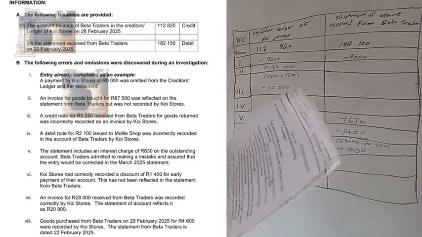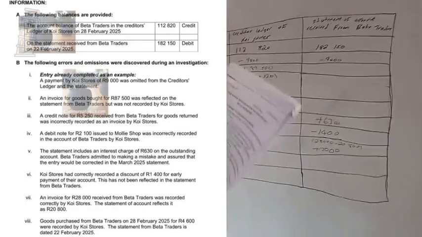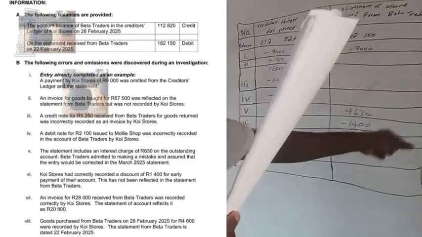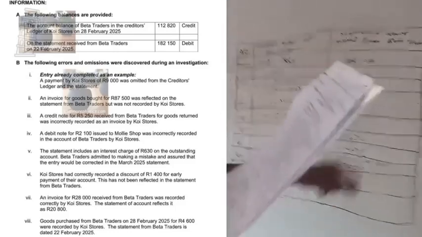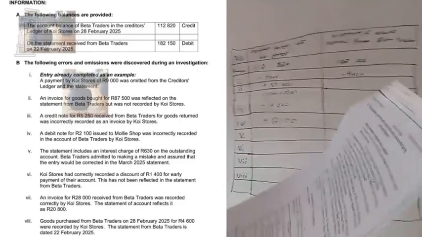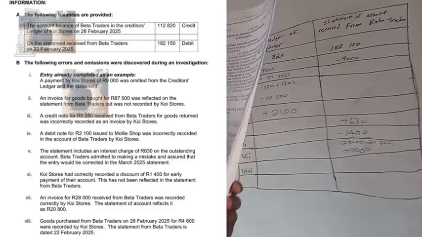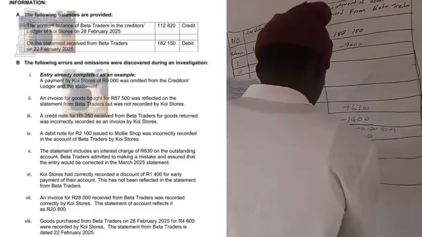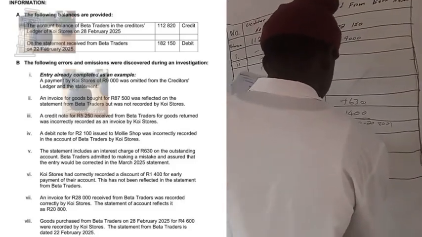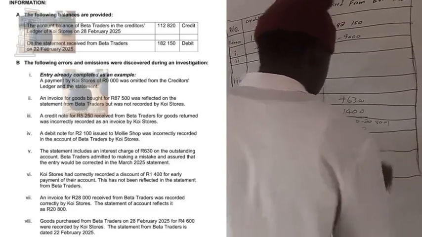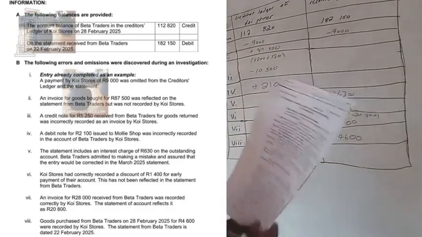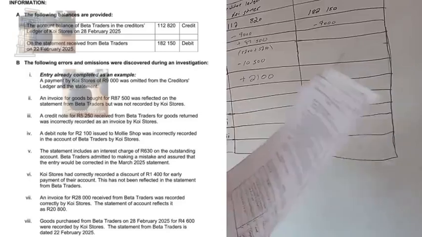But our supplier's statement is dated 22 February 2025. It means that they did not record it. So we must add it, plus 4,600.